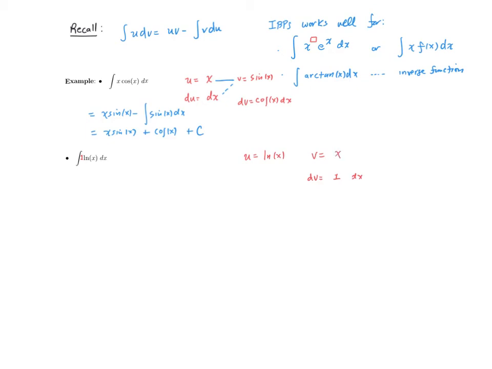That forces v to be x and du to be 1 over x. So applying integration by parts, we get uv minus the integral of v du. In this case, the x's cancel, and the antiderivative of 1 is simply x.